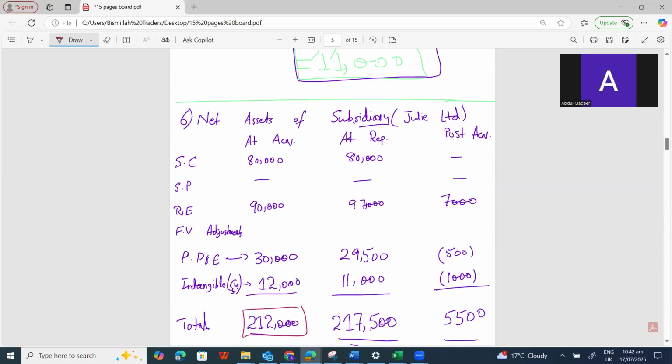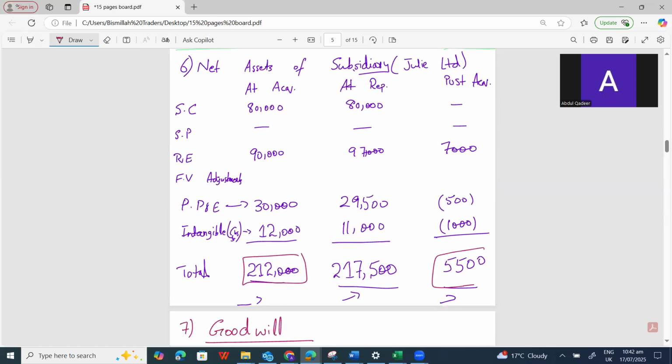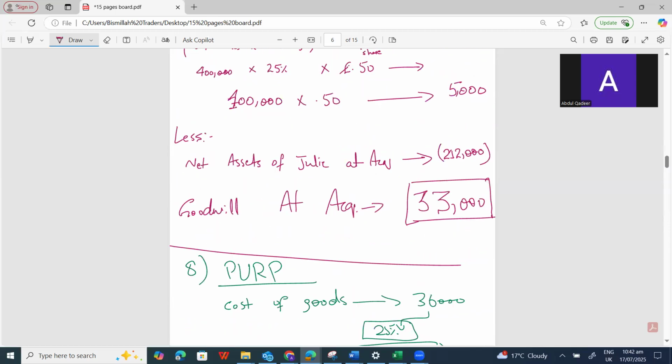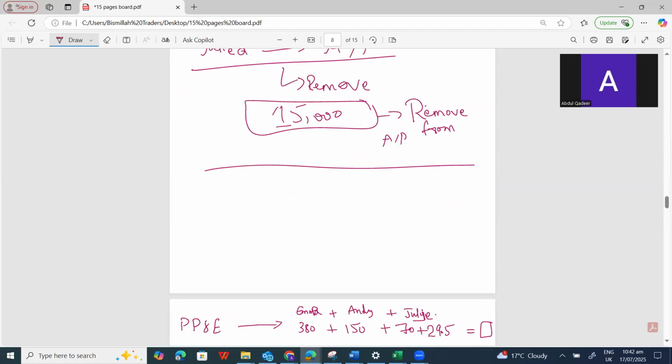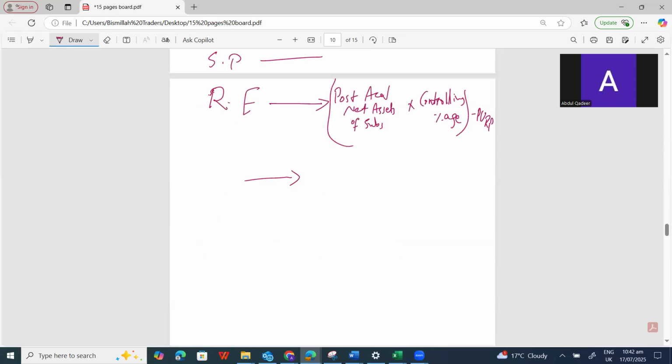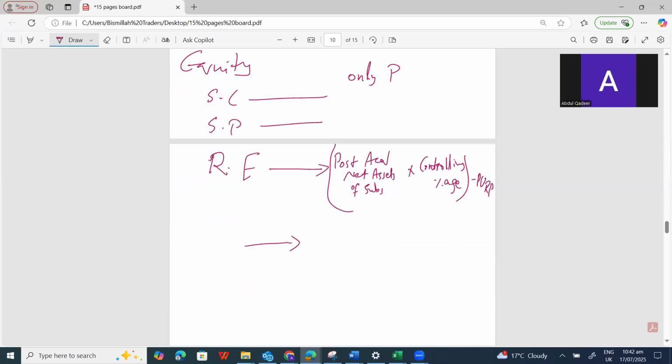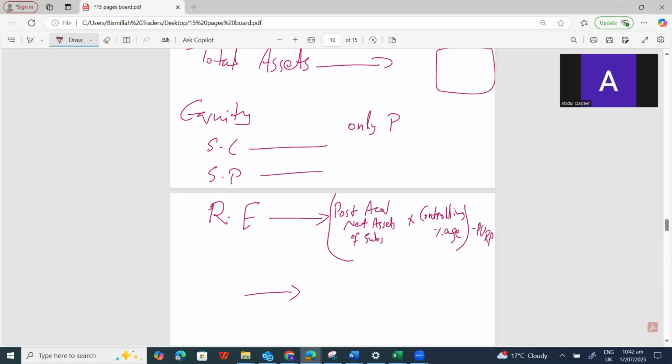Post acquisition net assets here are 5,500. Post acquisition net assets of the subsidiary is 5.5 multiplied by 75%, and minus PERP is 1.8K.